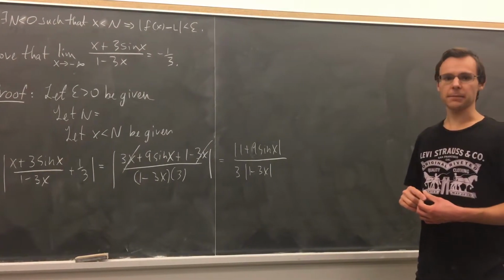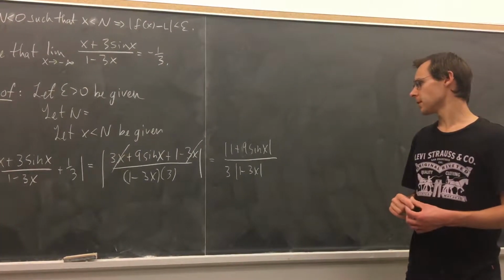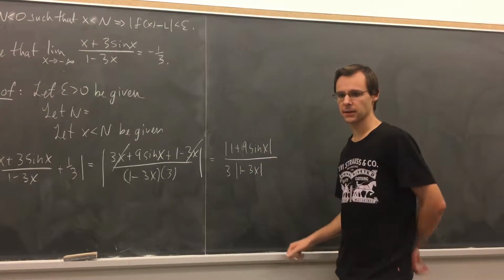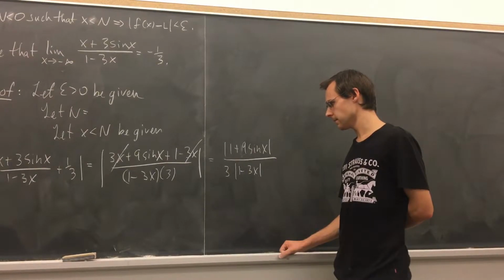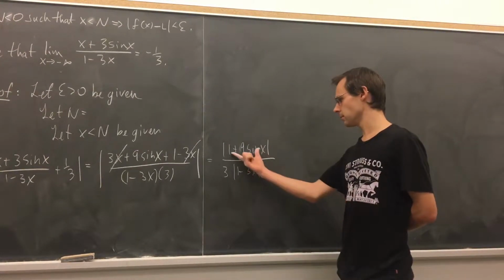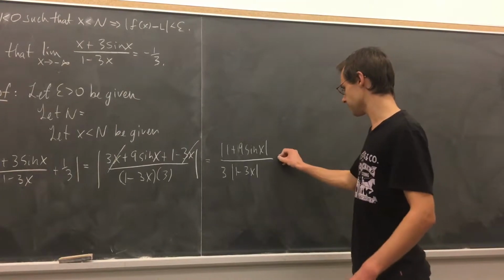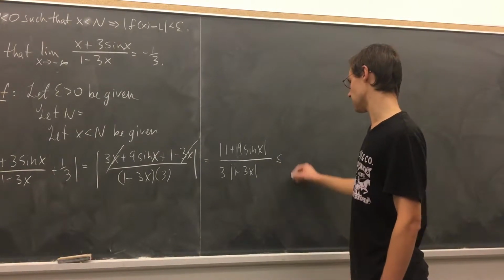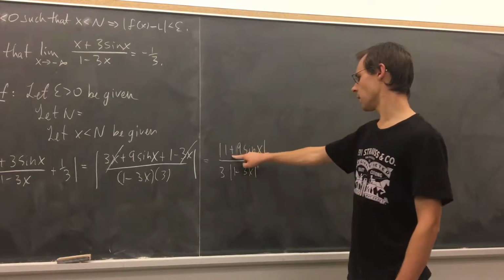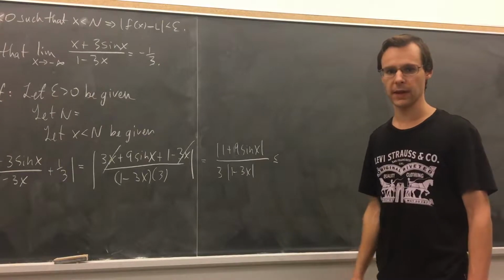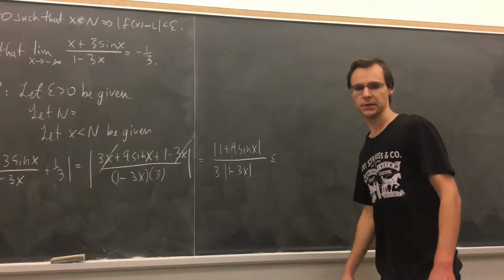Now we get to the tricky part. The top is a sum of two things. Last time we saw that sin x is bounded, but we don't have a sin x alone, we have a sum. So we can use the triangle inequality to deal with the top here. This can be made less than or equal to |1| + |9 sin x|. The 9 comes out of that absolute value, and the absolute value of 1 is just 1.